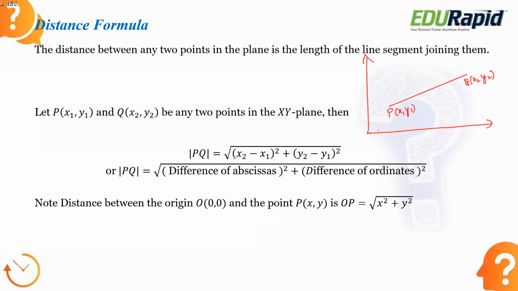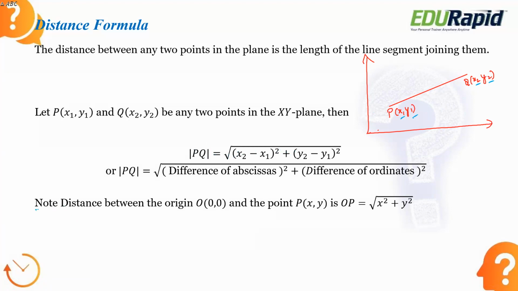The final value is equal to the root of (x2 minus x1) whole square plus (y2 minus y1) whole square. The root of that gives you the distance between the given two points.